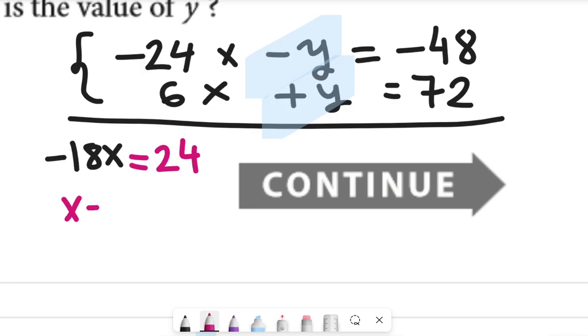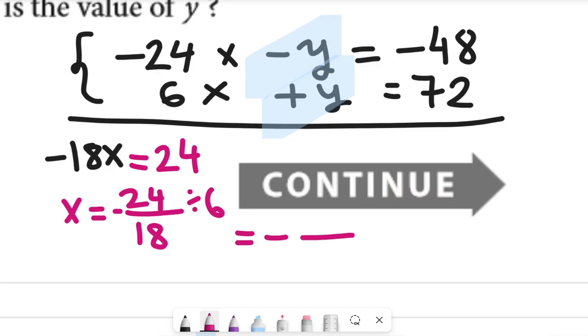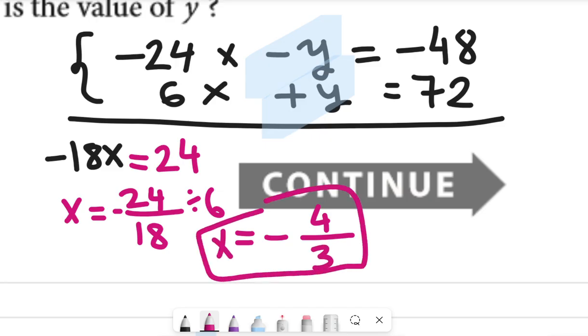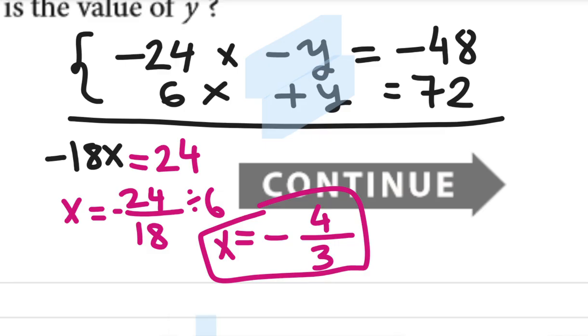Finally, x will be equal to 24 over negative 18. We can simplify this by 6, right? So it becomes negative 24 divided by 6 is 4, and 18 divided by 6 is 3. Perfect. We have the value of x.